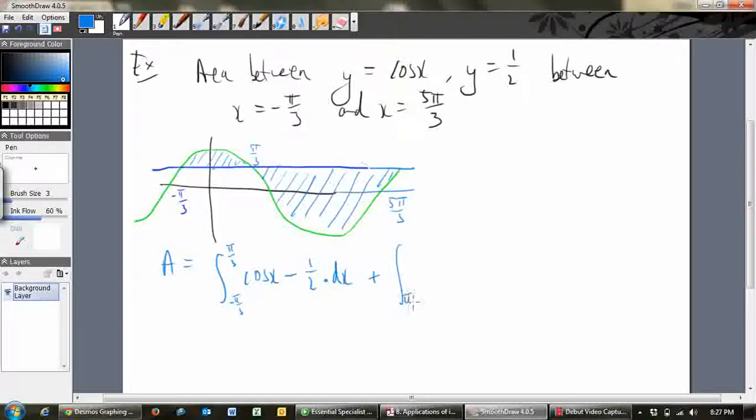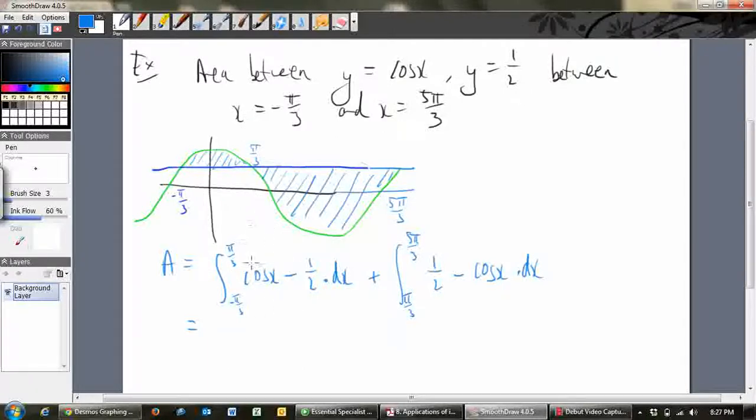This one goes from pi on 3 up to 5 pi on 3 of the top function, which is y equals half, minus the bottom function, which is y equals cos x dx. And so that'll be your area. At this point you can chuck it into your calculator or whatever, or you could just work it out, but it's going to take a while. I'm not going to spend time doing this, but that would be your area for that.